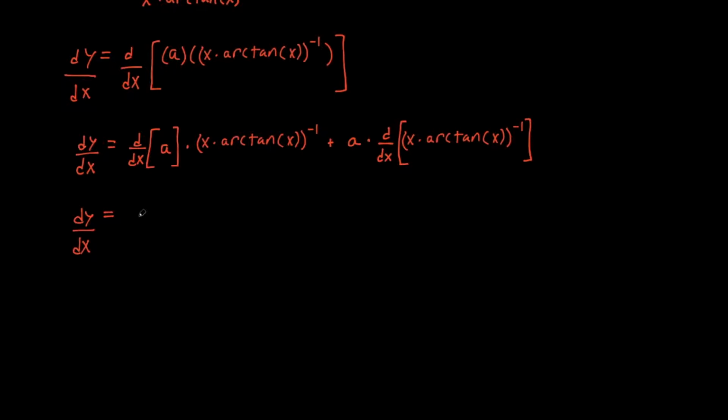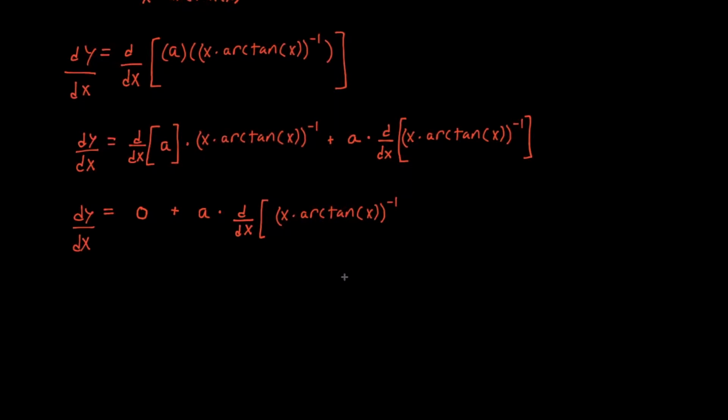So that side of the equation is going to be 0 plus a times the derivative of this value, which again is just this brought down here.